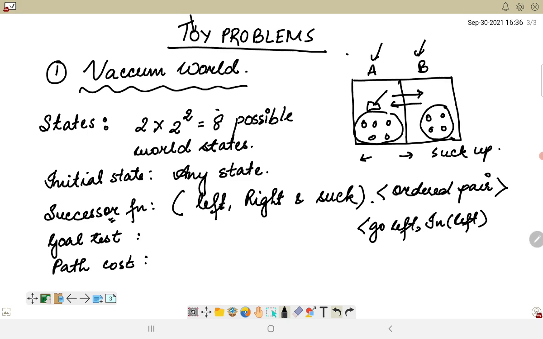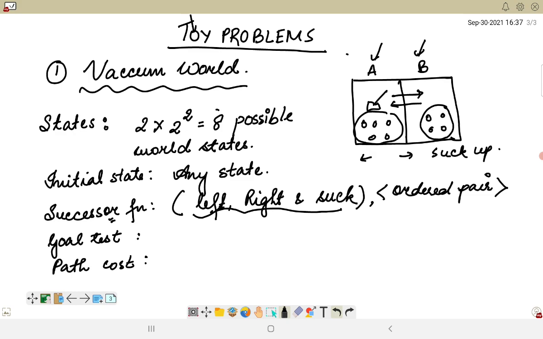That way you can also represent it in the ordered pair that we have discussed in my previous video. Or if you want to keep the successor function, that means what should be the successors of the initial state, then you can consider these 3 successors.